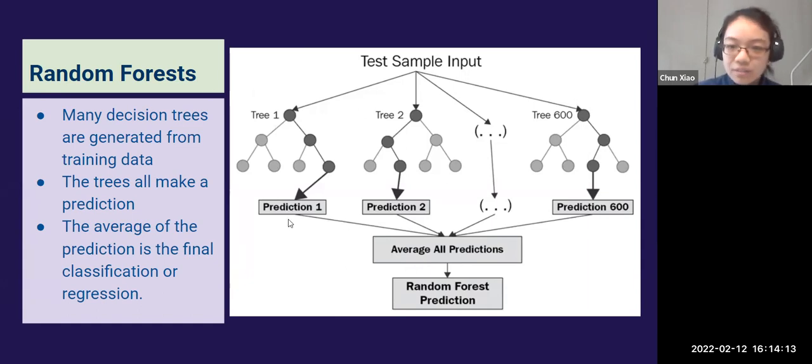So the average of all of these predictions of all of the trees in the forest will be the average prediction, and that will give you the final prediction of the entire forest. And this is a more reliable way of classifying things than a regular decision tree.